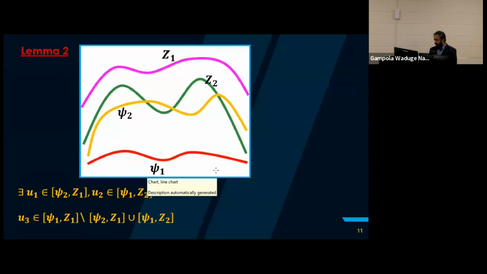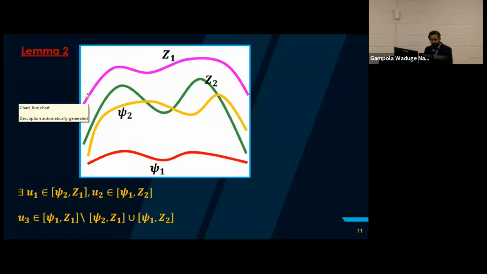And here is the next lemma that I want to introduce. If you have a small subsolution psi1 and a bigger super solution z1, and in between those two you have another strict subsolution psi2 and a strict super solution z2, such that your strict subsolution is bigger than the strict super solution at least at one point in the domain, then there exists a solution u1 in this ordered interval and u2 in this particular ordered interval.